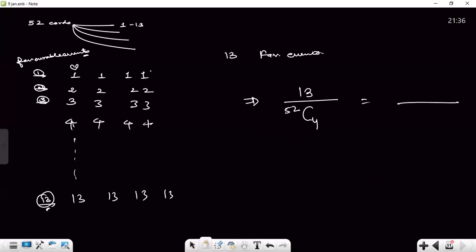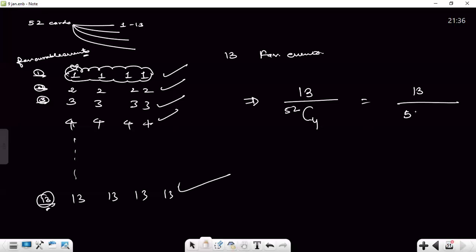The favorable events are the first event, second event, third event, up to the 13th favorable event, favorable because they are all of the same number. So the probability is 13 divided by 52C4, where 52C4 is 52 factorial divided by 48 factorial into 4 factorial.